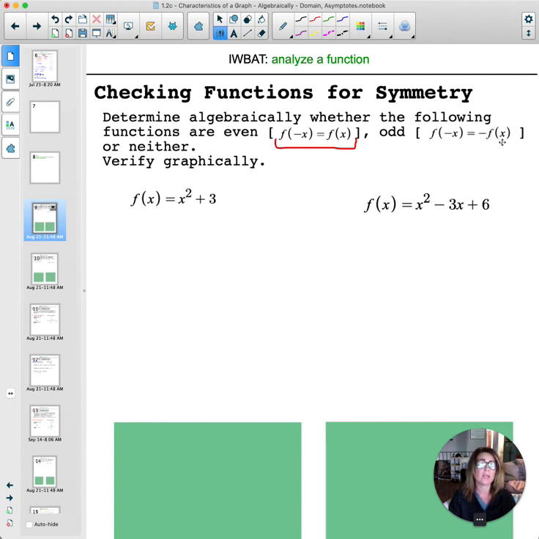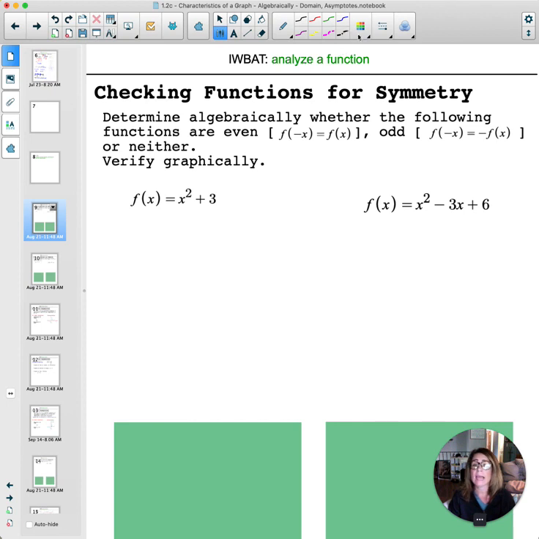So if you plug in 2 and it gives you back 7, then you plug in -2 and it gives you back -7, then it's an odd function. So if opposites give you back the same, it's even. If opposites give you back opposites, it's odd. Same, even; opposite, odd.